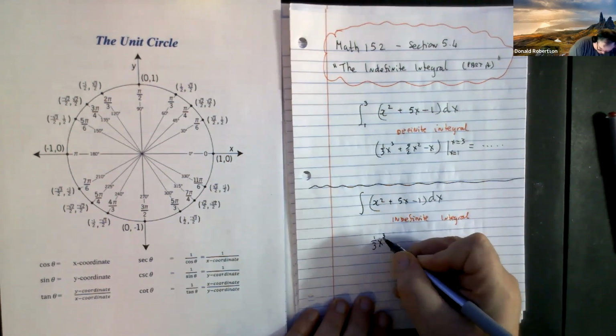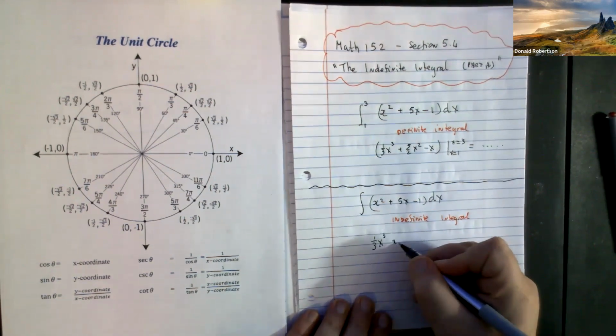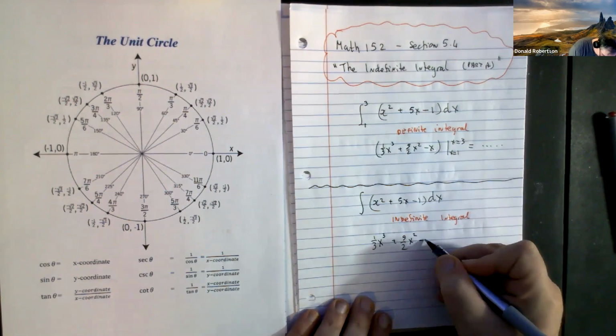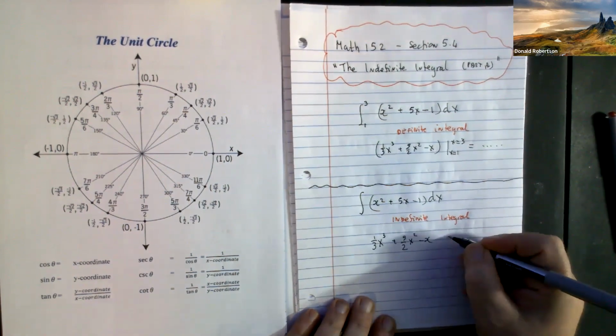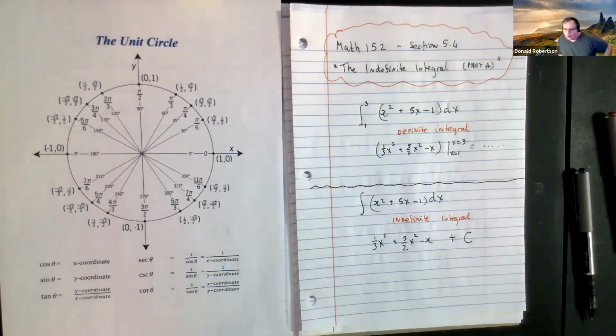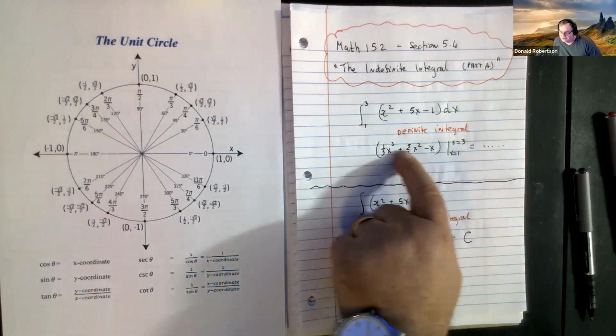Add 1 to the power, divide by the new power. The only difference is that in an indefinite integral, you always have a plus c in it. Remember yesterday someone was saying, why didn't I put plus c's when we did these guys?